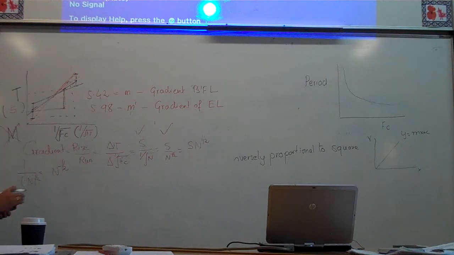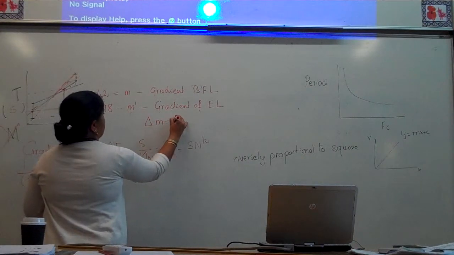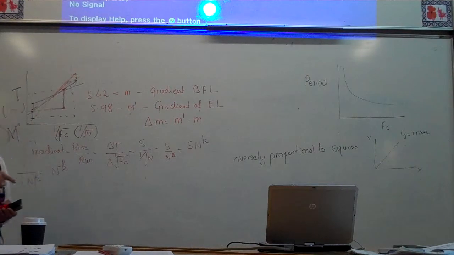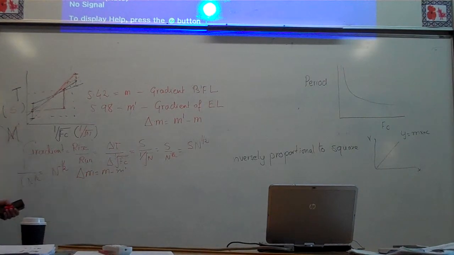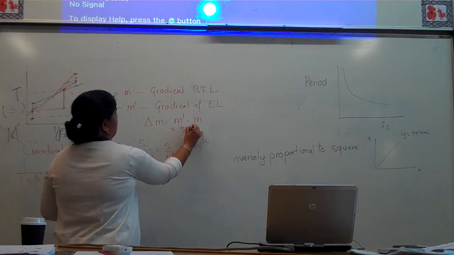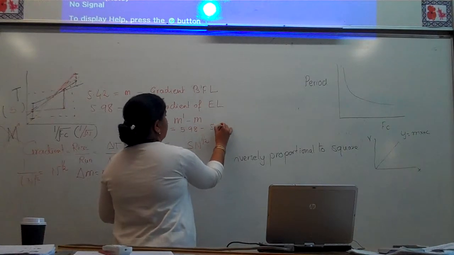So uncertainty in the gradient is going to be M dash minus M if it's a maximum error line, where M dash is the bigger one. If it's a minimum error line, then it is going to be M minus M dash, where M dash is the gradient of the minimum error line. So let's work out the uncertainty in the gradient: 5.98 minus 5.42.